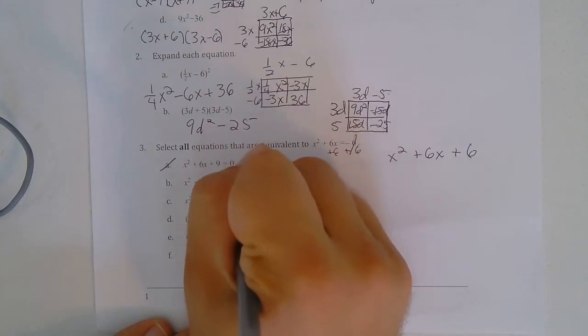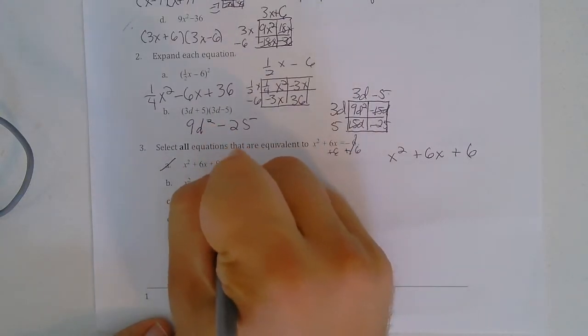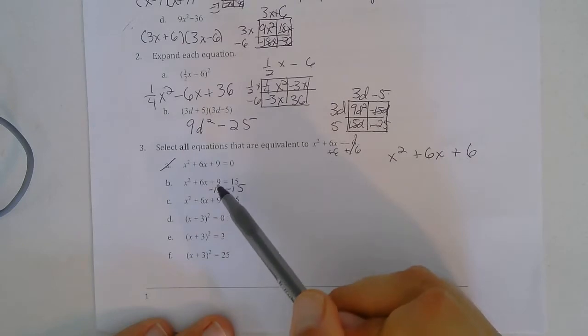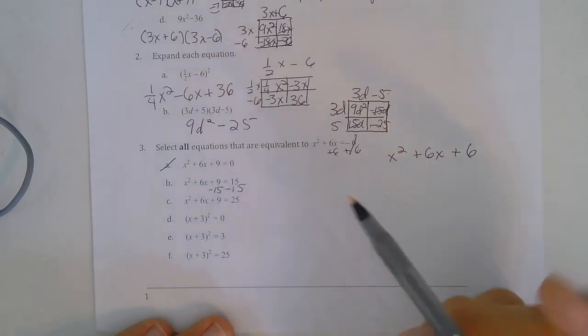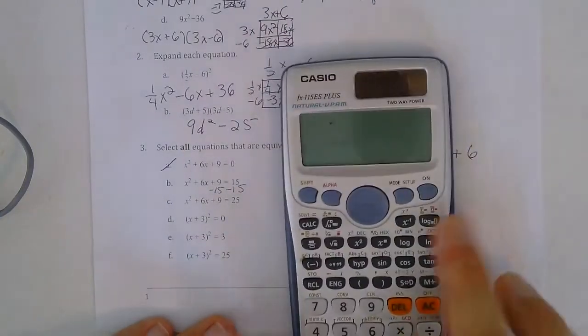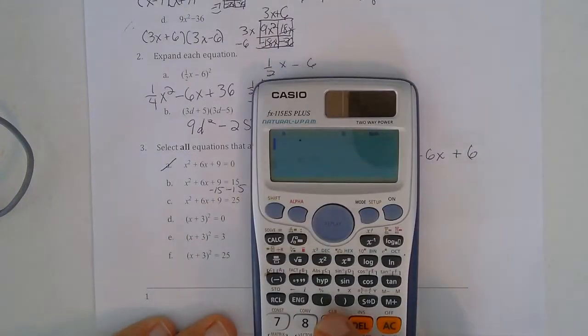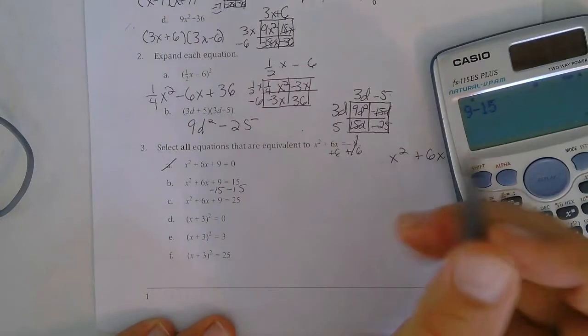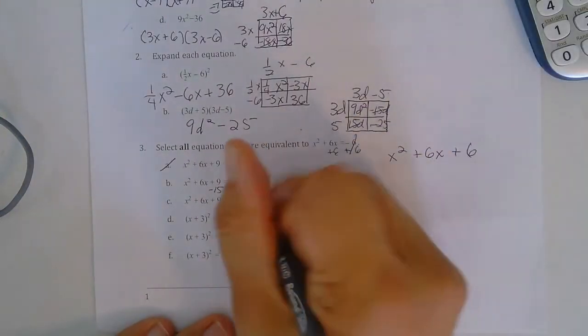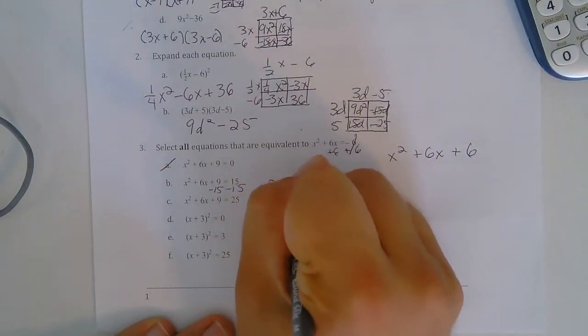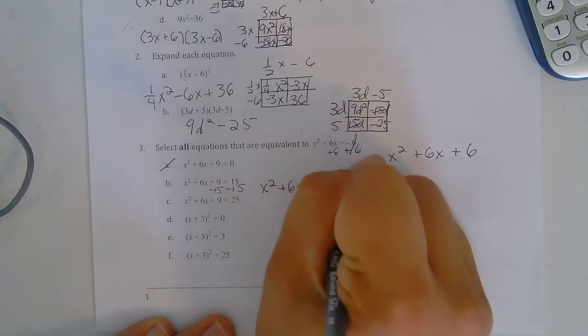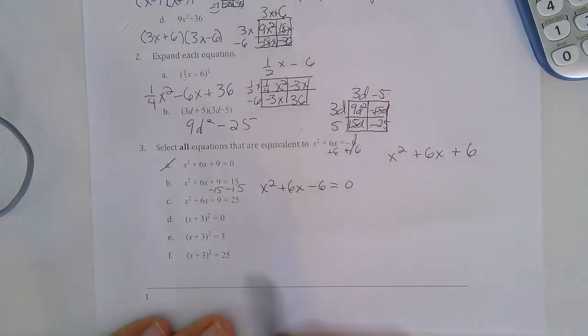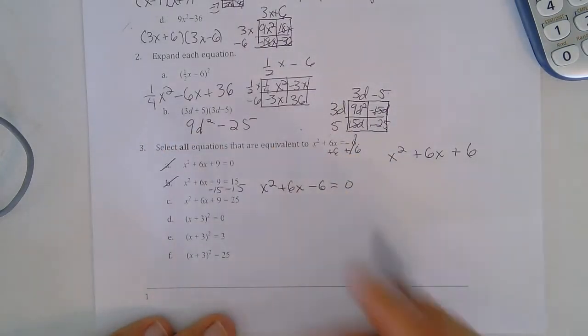Here, I'm going to subtract 15 from both sides. And if I do 9 minus 15, you can use a calculator for that if you need to, you get negative 6. So this is x squared plus 6x minus 6 equals 0. So that's not true.